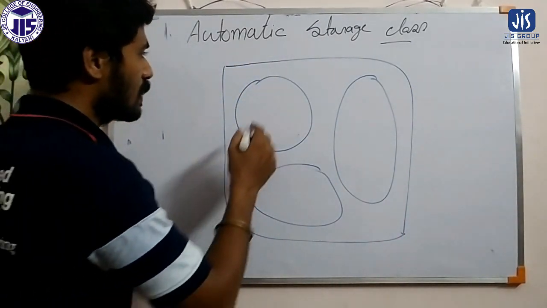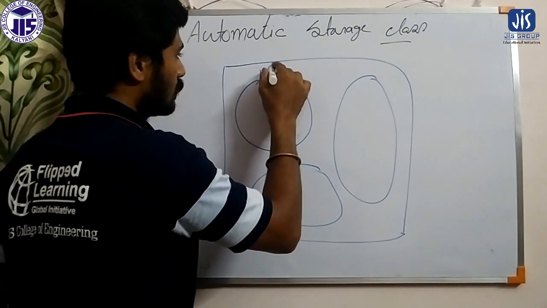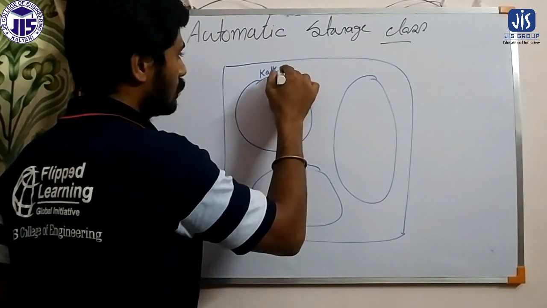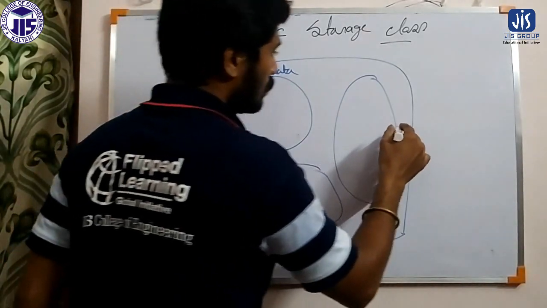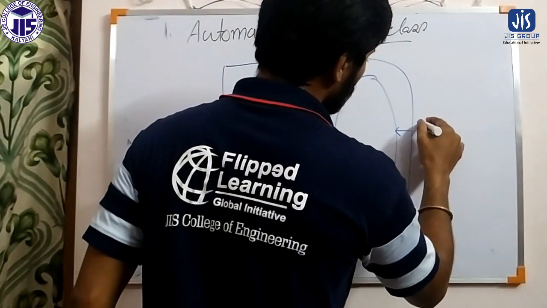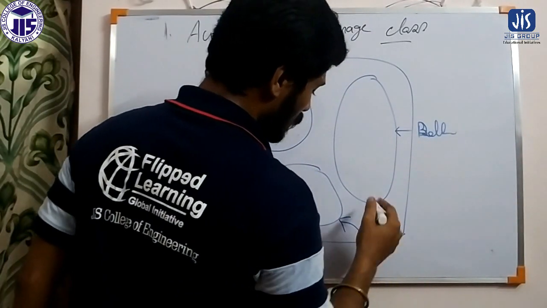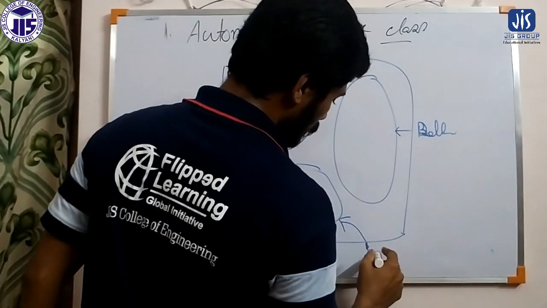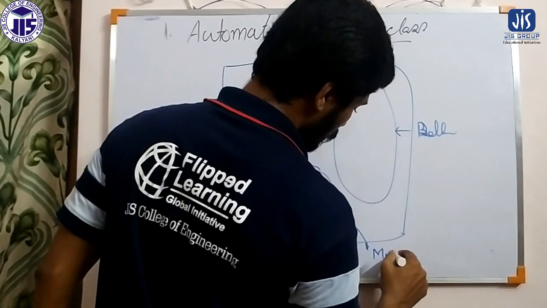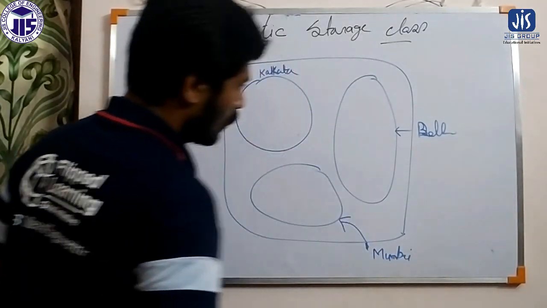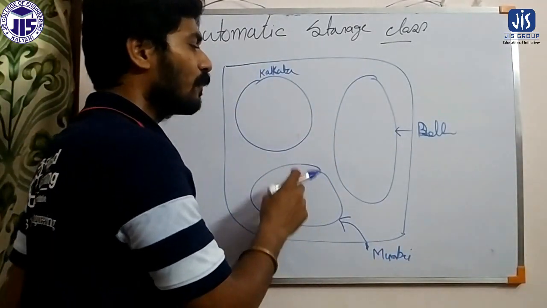For example, this is Kolkata, this is Delhi, and this is Mumbai. So these are three different sub areas.